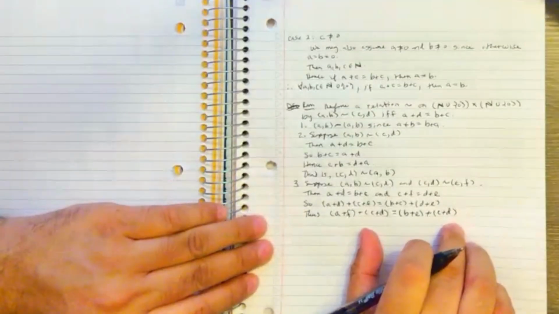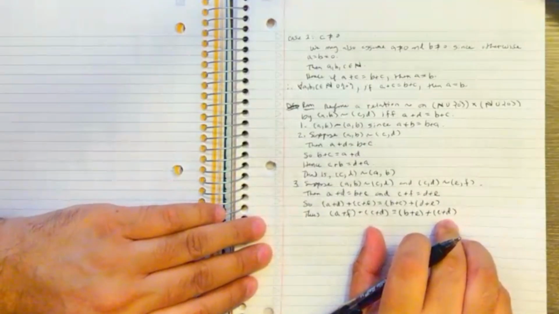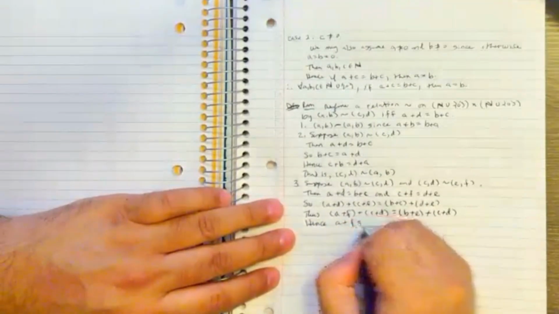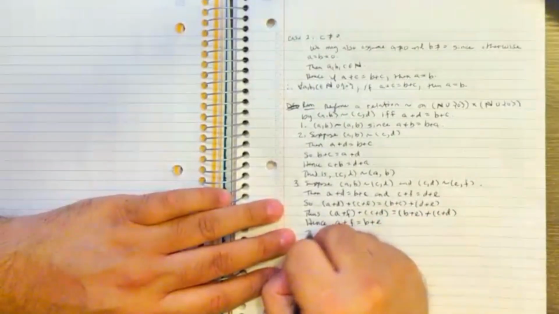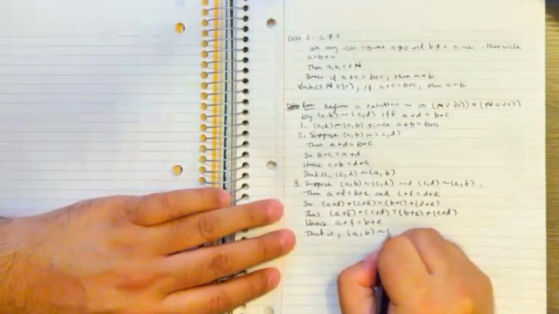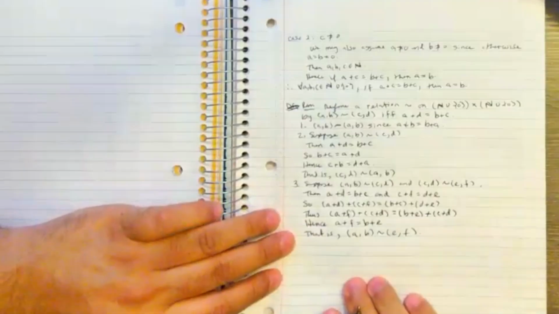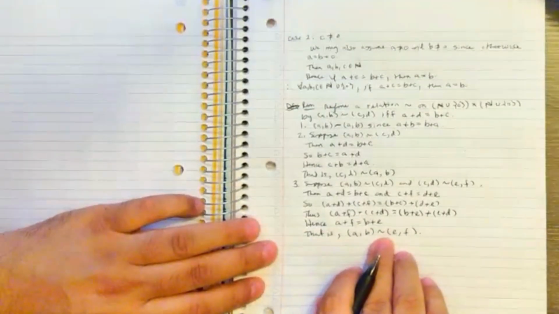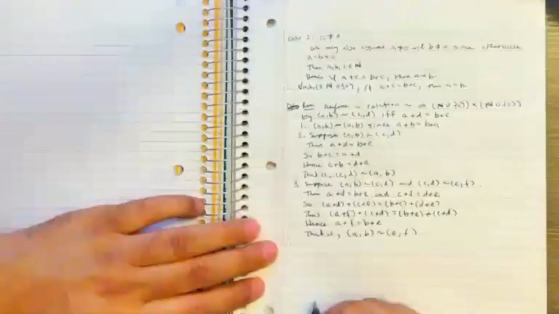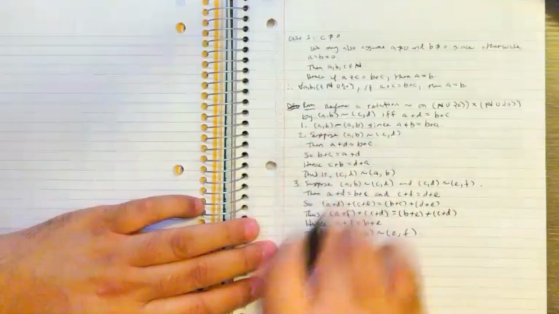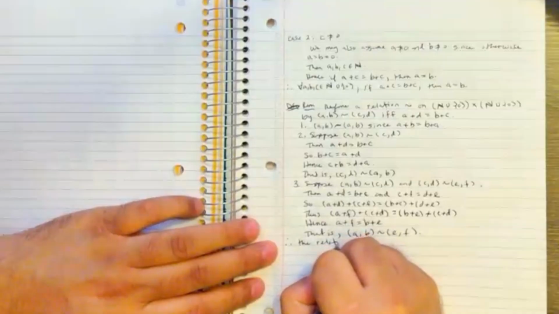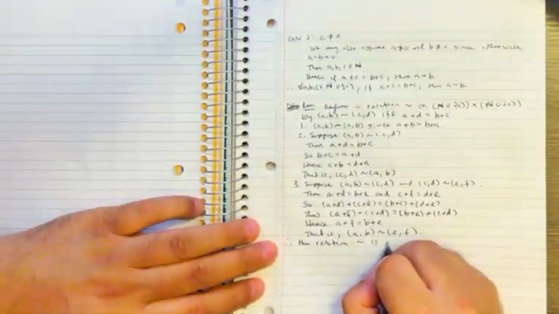And so now we can apply the cancellation law for addition. And hence a plus f is equal to b plus e, that is, the ordered pair (a, b) is related to the ordered pair (e, f). And so the relation tilde is transitive. And therefore, since the relation is reflexive, symmetric, and transitive, the relation tilde is an equivalence relation.